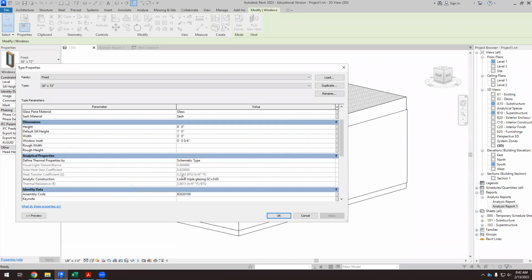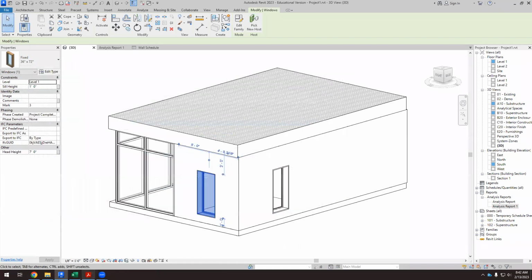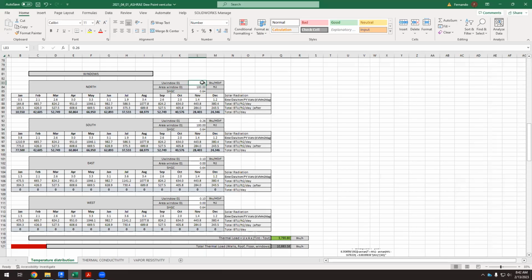It's 0.256. Okay, so I'm going to type here 0.256 or 0.26. Well, that 0.26 and 0.26. Okay, so I have the same U value, the same solar heat gain coefficient for different orientations.